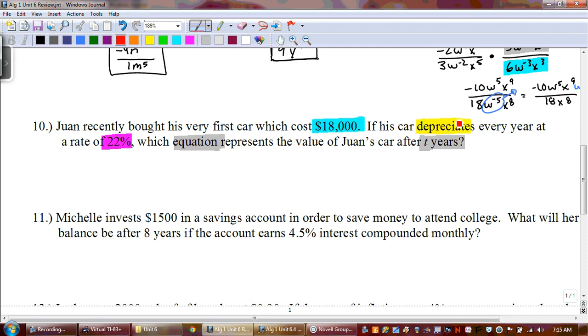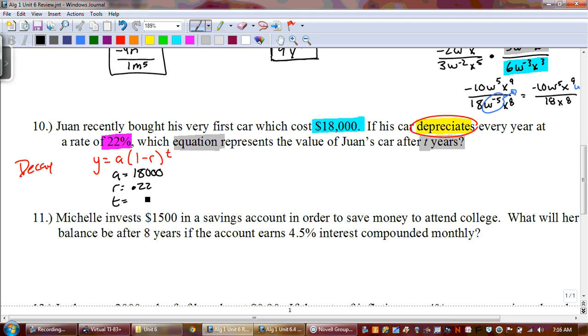So the keyword that I see here is depreciates, because that tells me that this is going to be decay. And the decay formula is y equals a(1 minus r)^t. Okay, so we need to know what a equals, what r equals, and what t equals. Well, a, the amount, is 18,000. Our rate is 22%, which is 0.22.